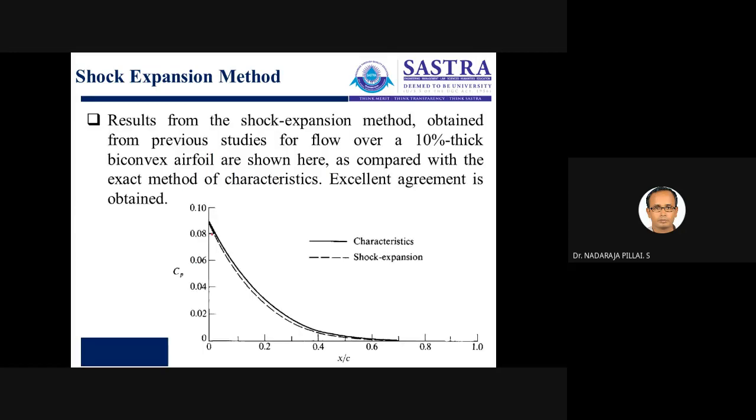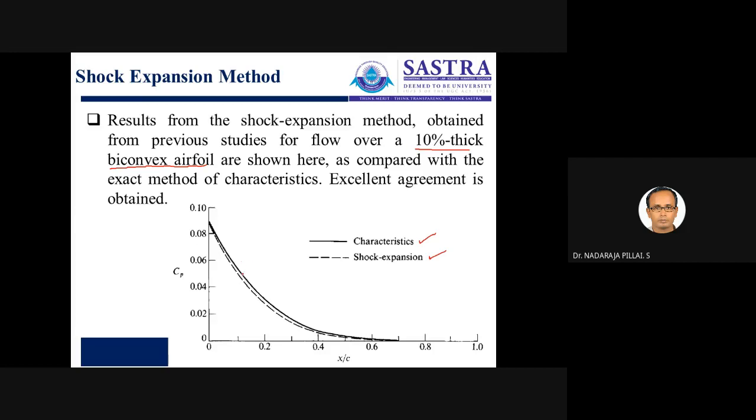Now let us have a discussion on the results, right? This is one result given for the shock expansion method by considering the 10% thick biconvex airfoil. We have a result by the characteristics and shock expansion methods.